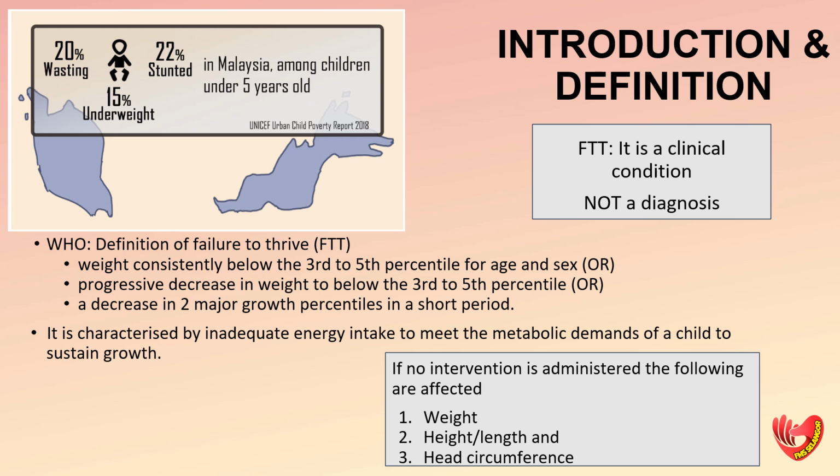It is characterized by inadequate energy intake to meet the metabolic demands of a child to sustain growth. If no intervention is administered, the following are affected: the child's weight, height or length depending on the age, and head circumference.